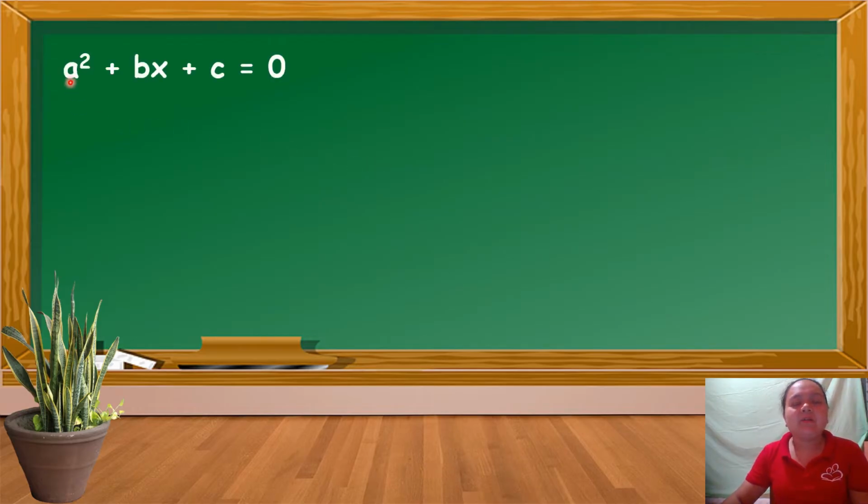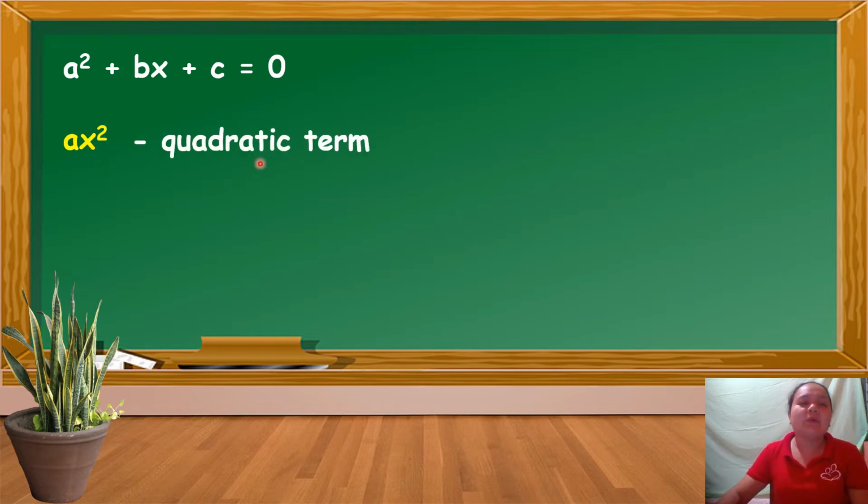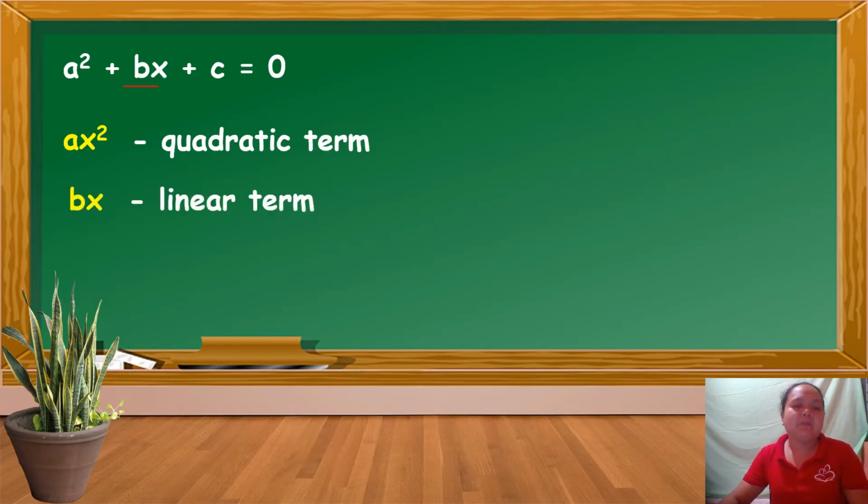So, our standard form is ax squared plus bx plus c equals 0. This ax squared is called the quadratic term. This bx is called the linear term. And our c is called the constant term. So there are 3 terms: quadratic term, linear term, and constant term.